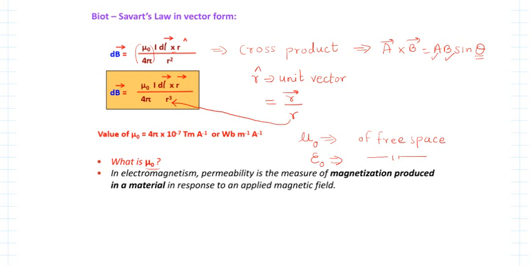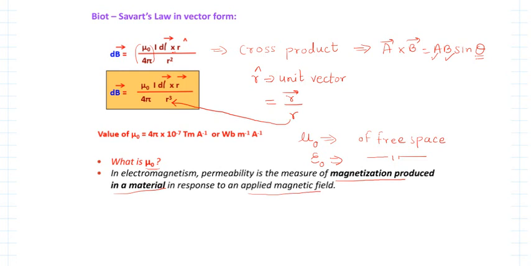So permittivity we use in electrostatics, whereas permeability we use in magnetism. Now let's understand what exactly is this permeability. It is the measure of magnetization produced in a material in response to an applied magnetic field.